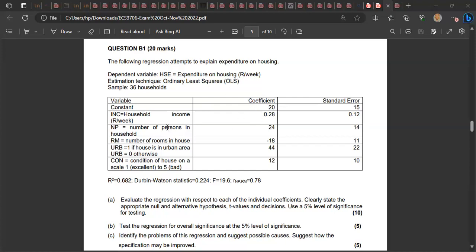All right, so our constant, which is the intercept, is given here as 20. This is our constant given there as 20, right? And then the x variables, some of the explanatory variables, are given here right below the constant. So the first one is INC, which represents household income, right?